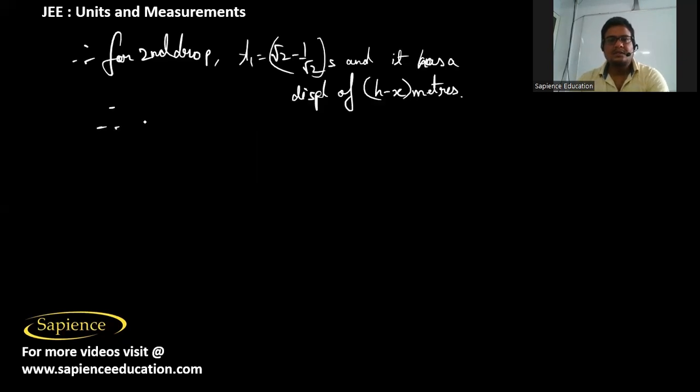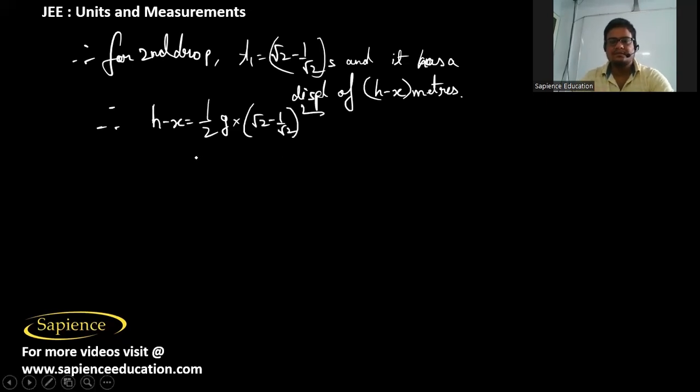So h minus x, that is s equal to ut. u is 0, so it will be half g t square, where t is root 2 minus 1 by root 2 whole square. So from here we can find out x.